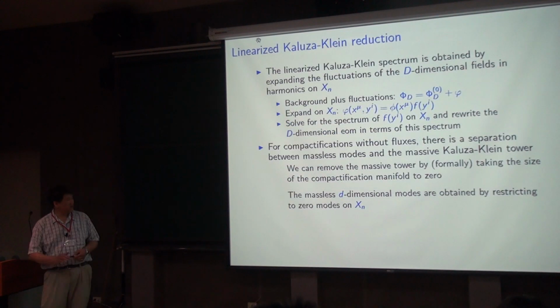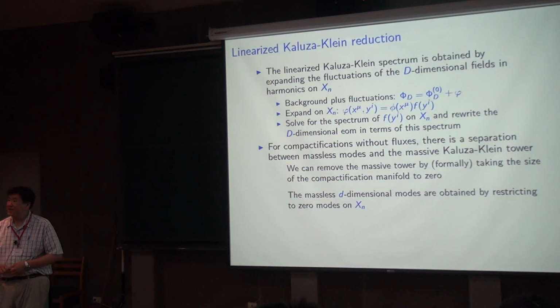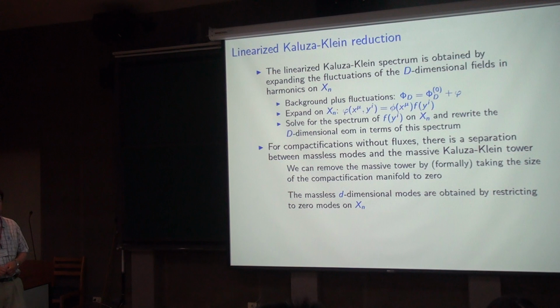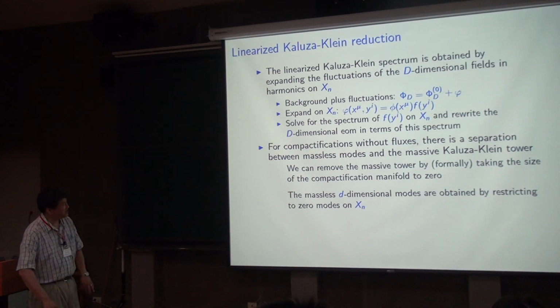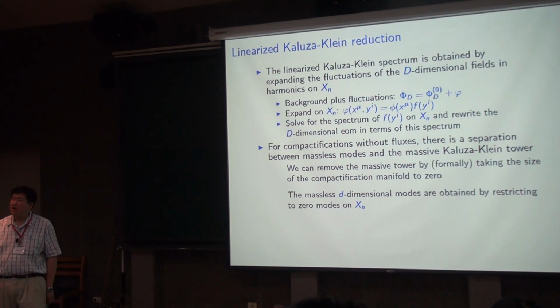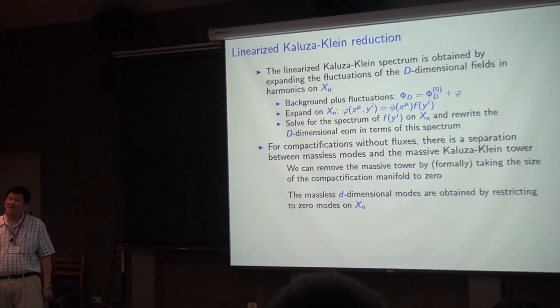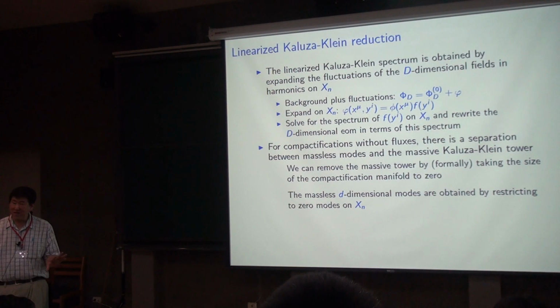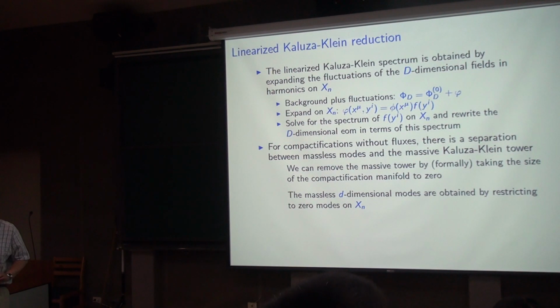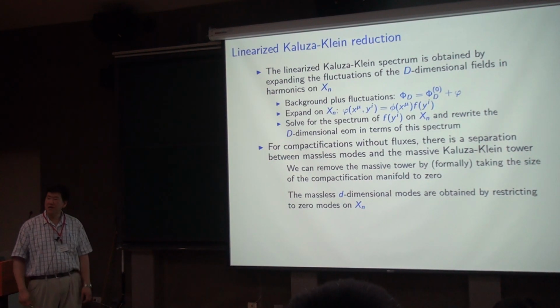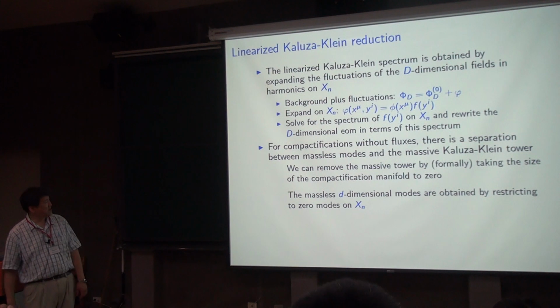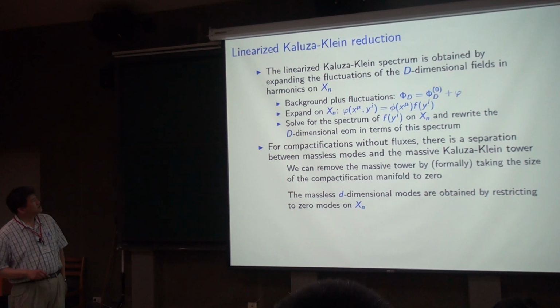But let me actually go back to the Kaluza-Klein idea a little bit. I'm afraid I'll just be a little bit sketchy on this, but it's not too different, in principle, from what I said before in terms of expanding on Fourier modes, except instead of expanding on Fourier modes on a circle, you expand on harmonics on the Calabi-Yau manifold. So I do the same Kaluza-Klein idea.